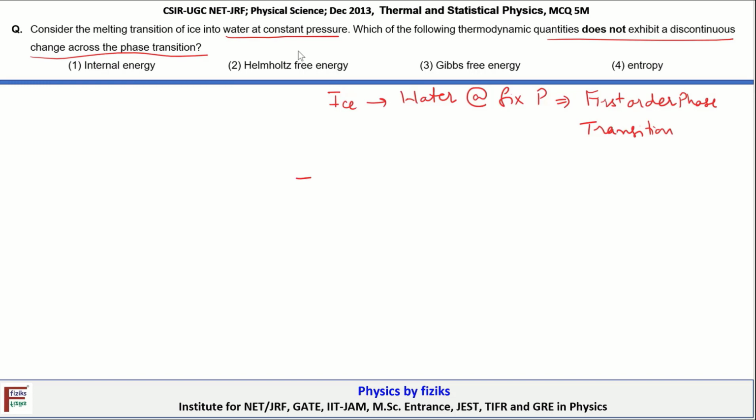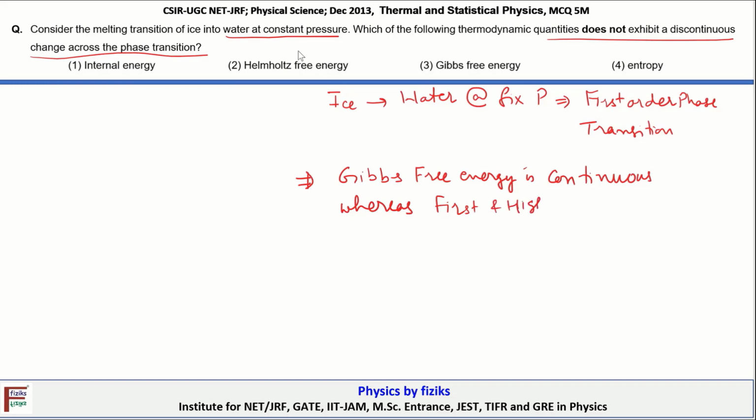And while going through the course, you might have learned that in a first order phase transition, the Gibbs free energy is continuous, whereas the first order derivative, or in other words, the first and higher order derivatives of G with respect to temperature, are discontinuous.